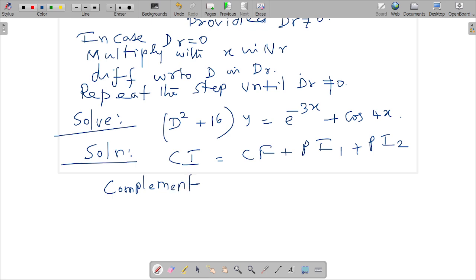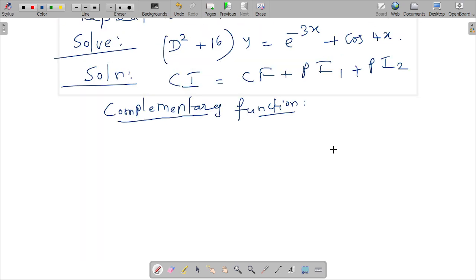To find the complementary function, first we make the right hand side equal to 0.